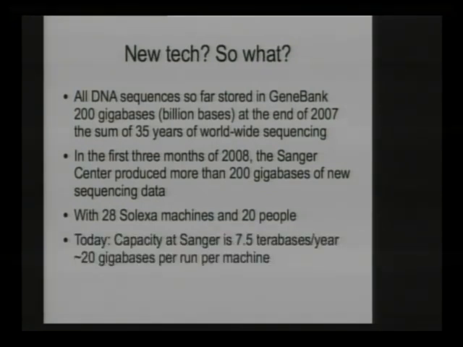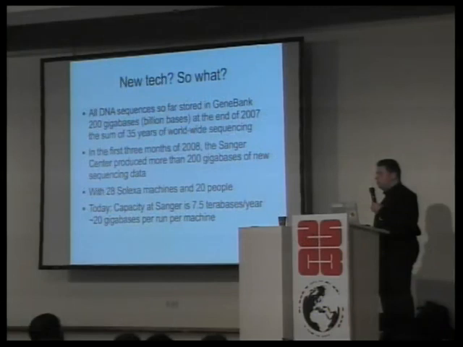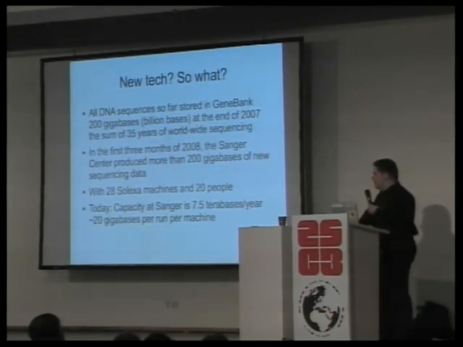And as I said, Sanger trialed these machines end of 2007. So when they started in 2008, it was still rather experimental. They were still learning how to use them correctly, what parameters to set to get the maximum output.